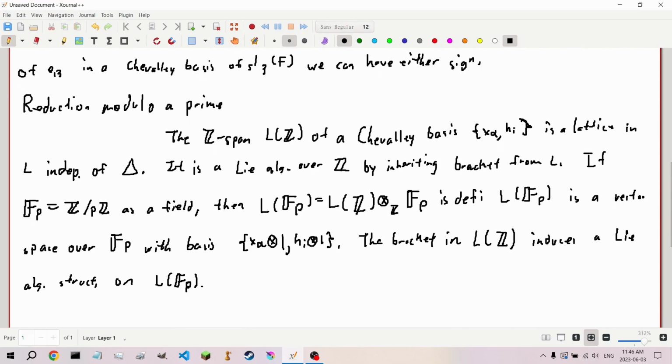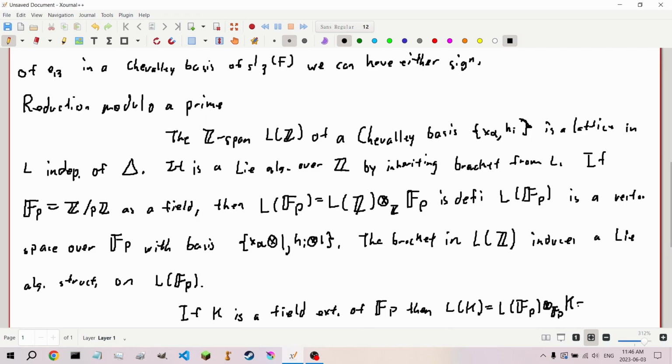Now, if K is a field extension, any, they specify any field extension of our F_p, then L_K is, we can either take it from extending our finite field, changing of base would be the better term, of L, or just do it directly from the integers.